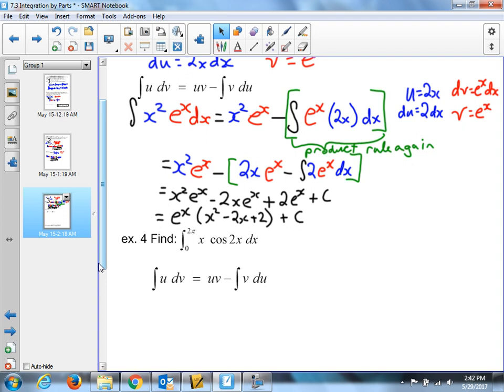Last example, and then you can work on other things. Choose your u. Which is your best choice for u in this example 4? The cosine stuff or the x stuff? The x stuff.